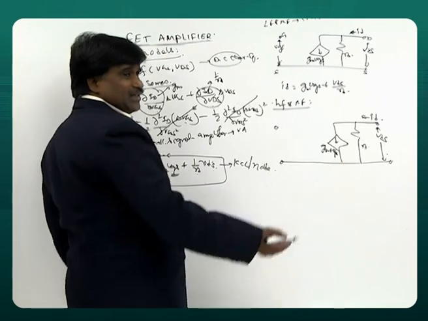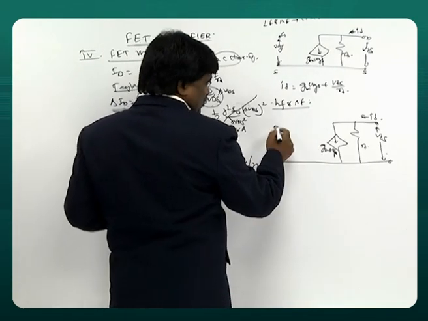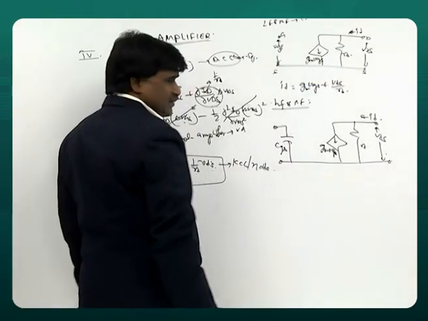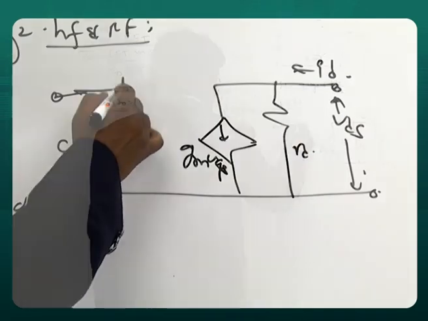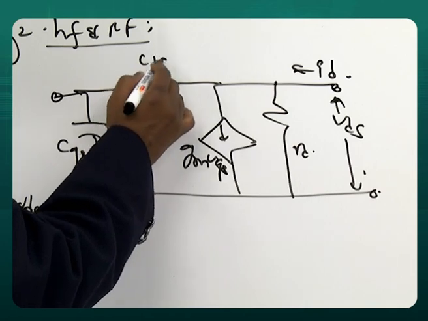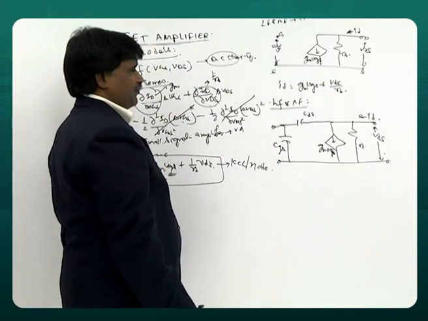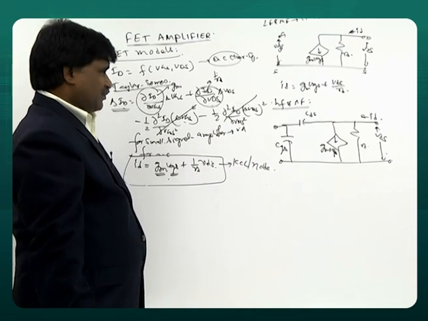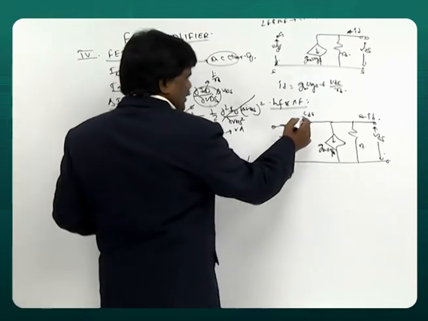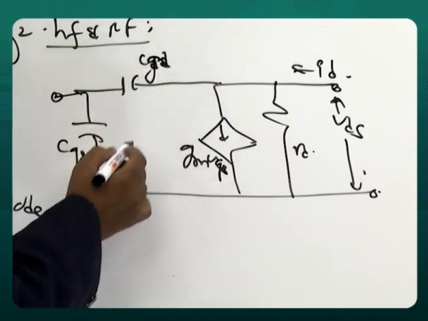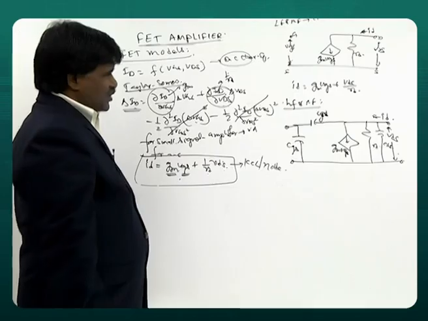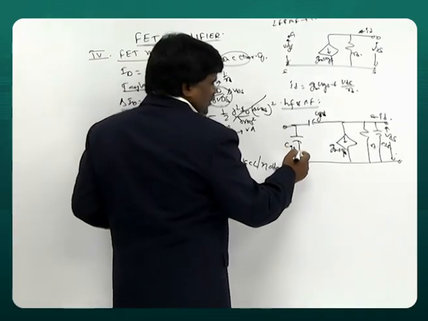Then as I already said, internal capacitors come into the picture. You have one capacitor here called CGS. Another capacitor here called CGD. And at the end you have one capacitor called CDS. So extra capacitors come into the picture.